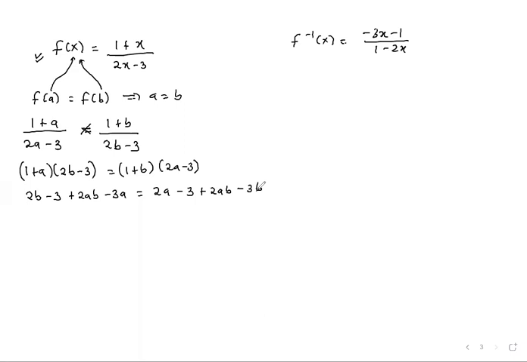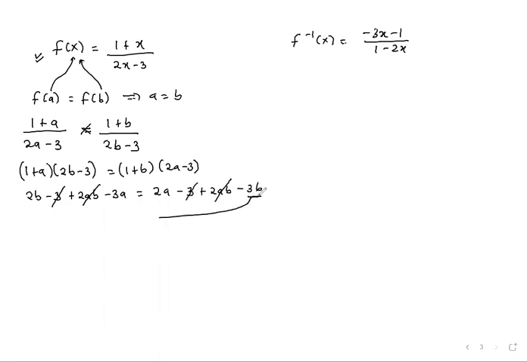So 2ab is equal to 2ab; they have the same signs on both sides, so we cancel them because if they meet, they will subtract. And then minus 3, we cancel. And then we have negative 3b this side.